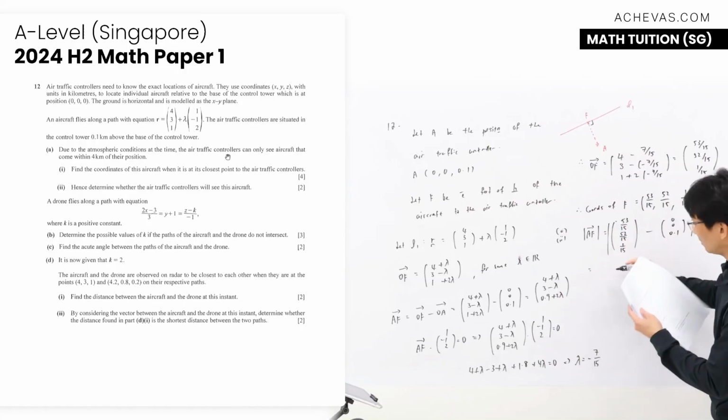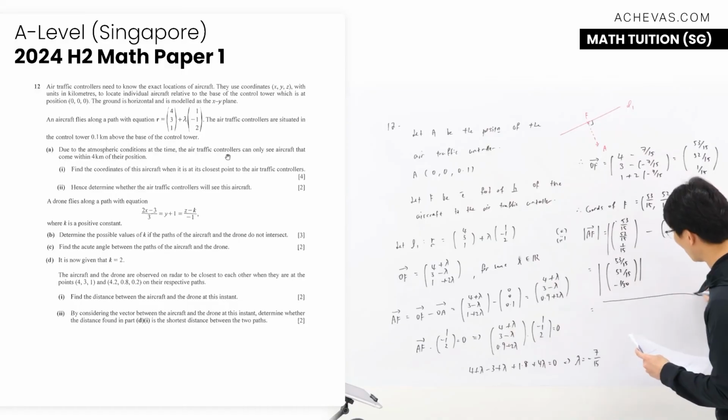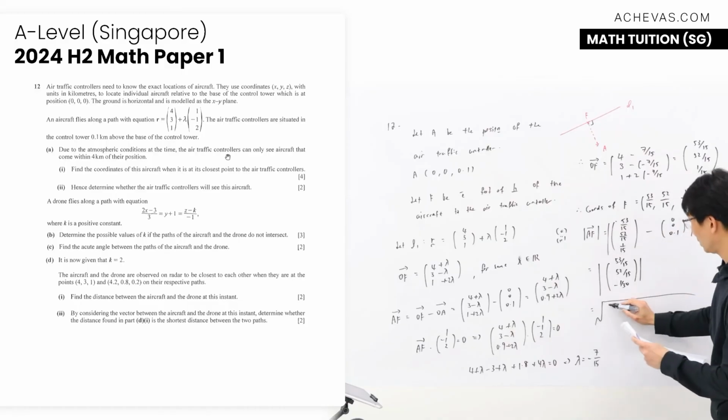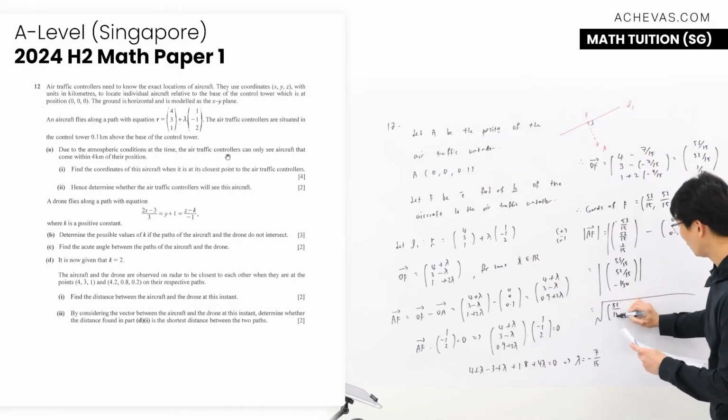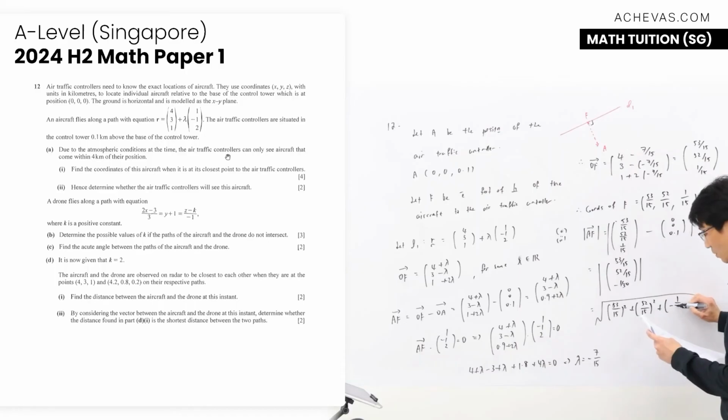Right, simplifying a bit, I will get this position vector here, 53 over 15, 52 over 15, minus 1 over 30, and I'm going to find the distance, which is 53 over 15 square plus 52 over 15 square plus minus 1 over 30 square.